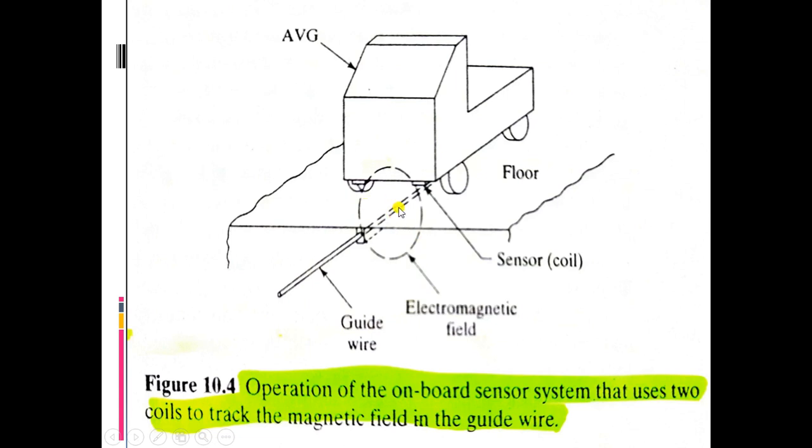An electromagnetic field will be there, and a coil moving along this path will go along the guided wire.